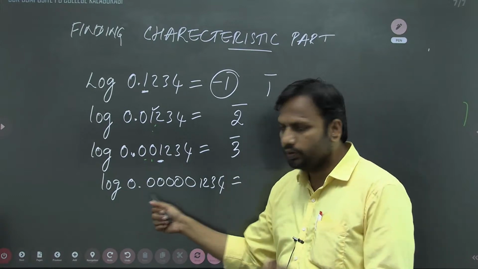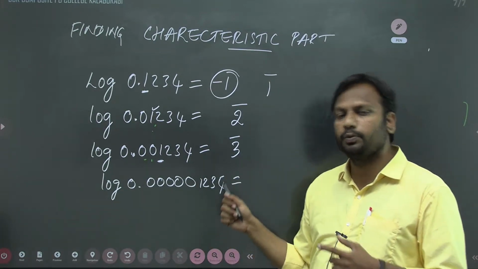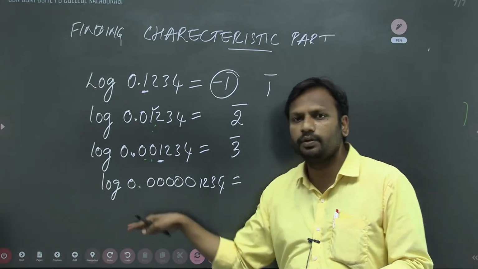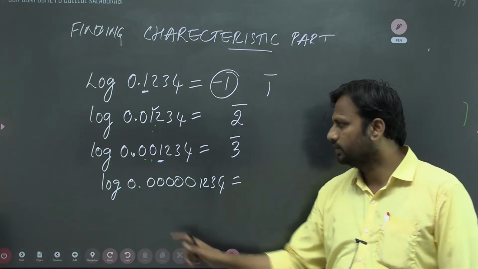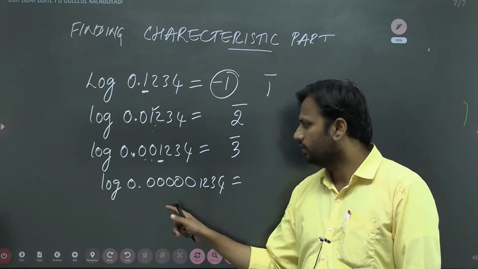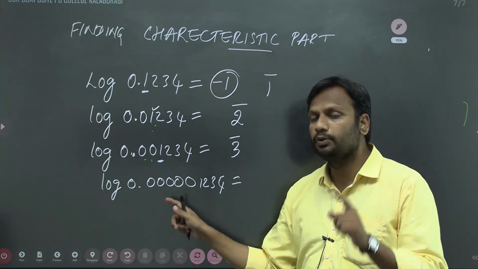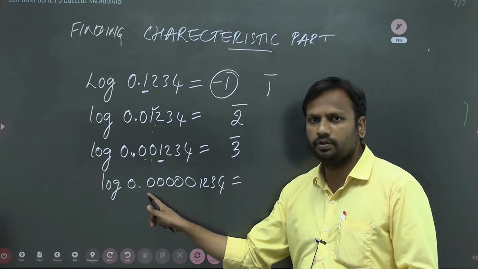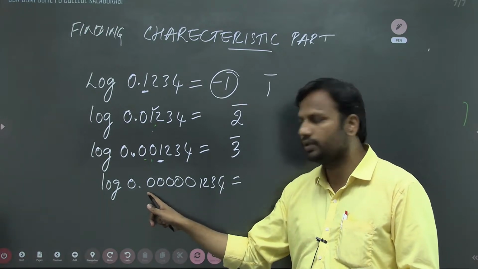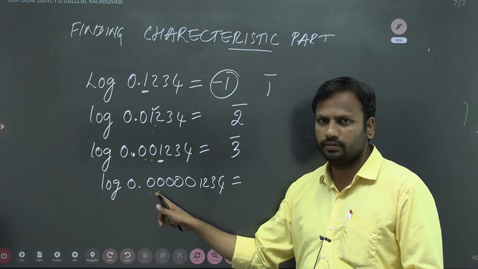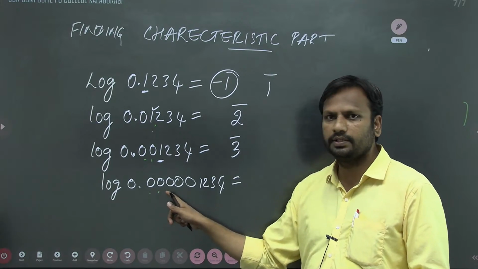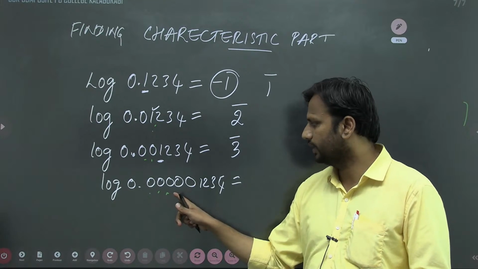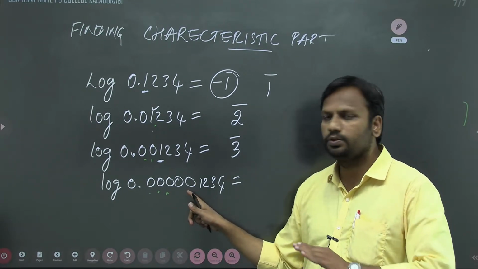Now, students, tell me the position of the first non-zero quantity after the decimal point if they have given the 0-digit number. After the decimal point, first the position of the first significant figure. In the first position, it is not a non-zero quantity, it is a 0. Second, no. Third position also, there is no non-zero quantity. In the fourth position also, none. In the fifth position also, none.